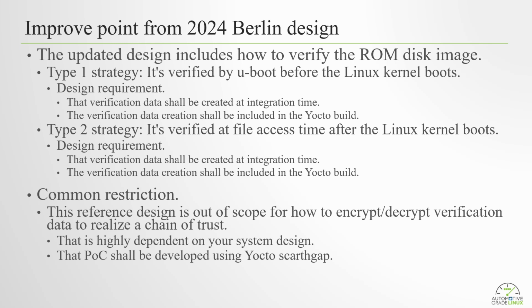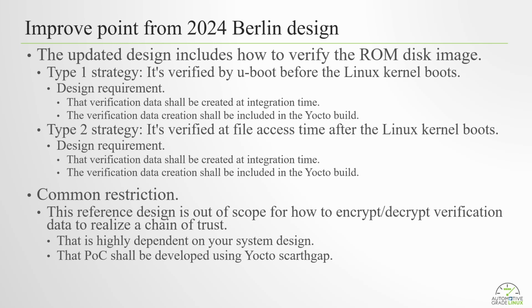We propose two types of strategy. Type 1 strategy is verification by U-Boot before the Linux kernel boots. The design requirement is that verification data shall be created at integration time, and that the verification data creation shall be included in the Yocto build.